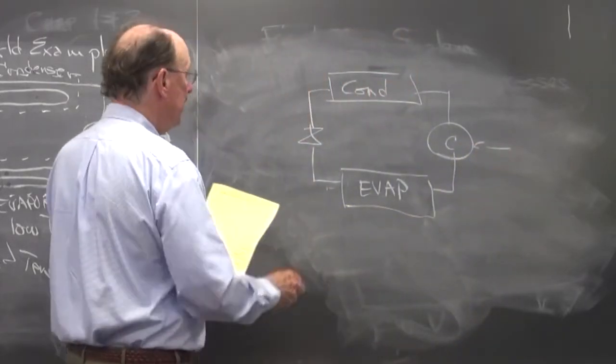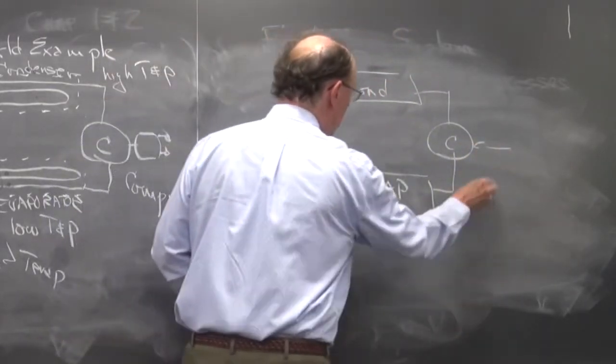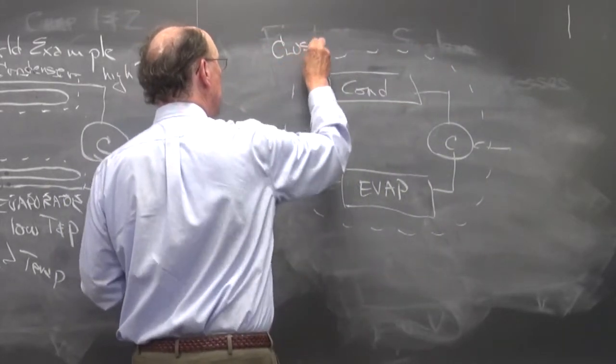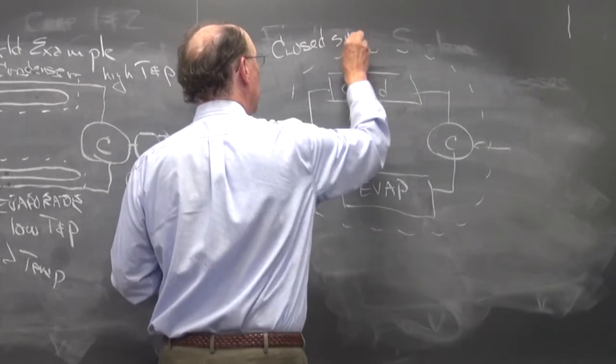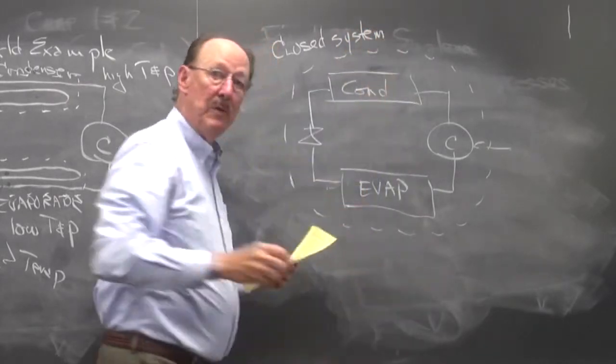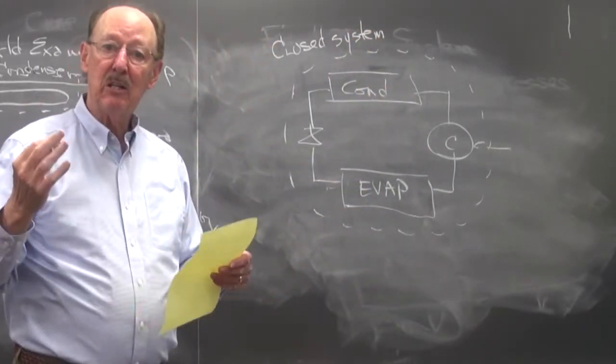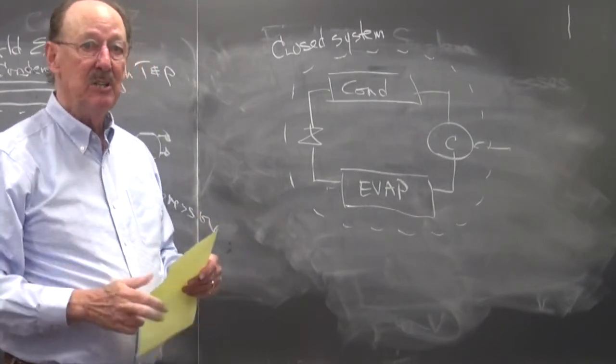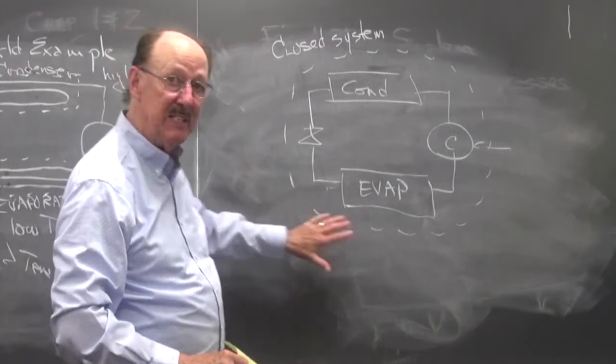And so when I look at this, it is a closed system. A cycle works on a closed system, so the mass for a closed system is constant. The mass within here is constant.